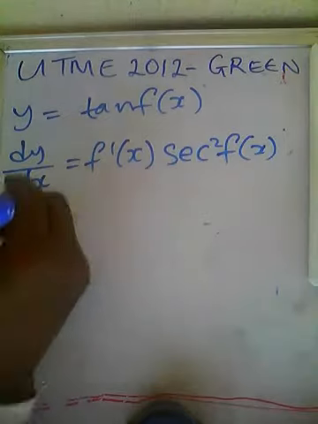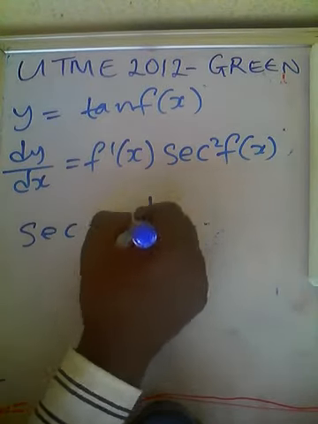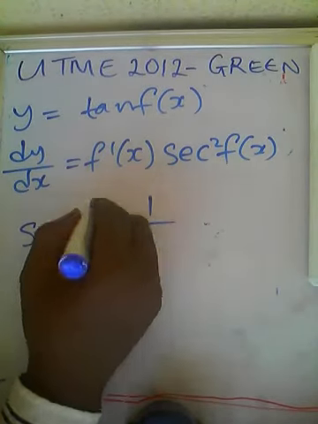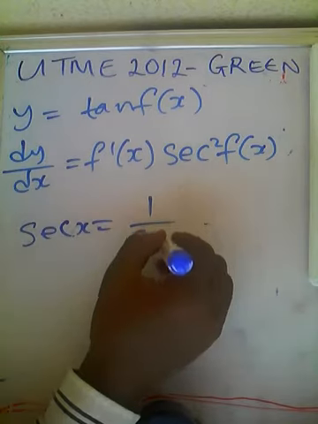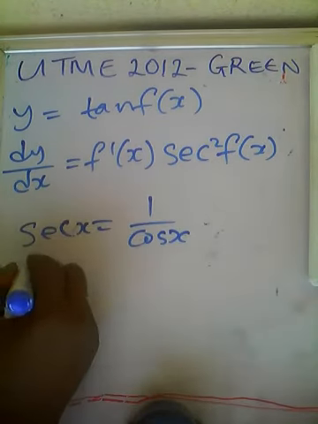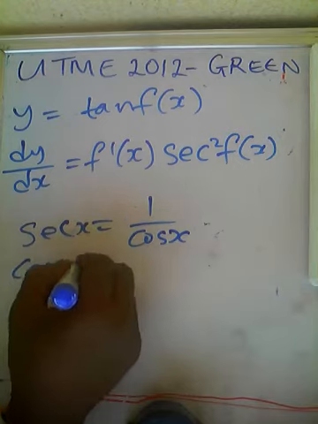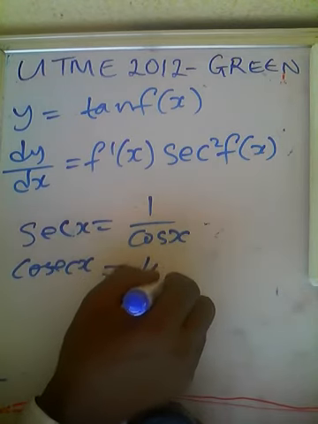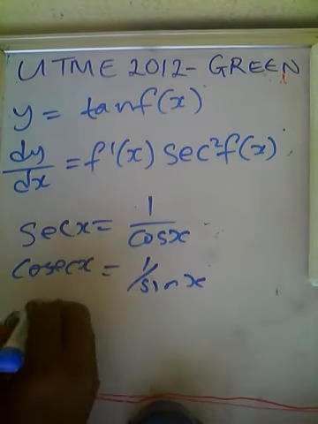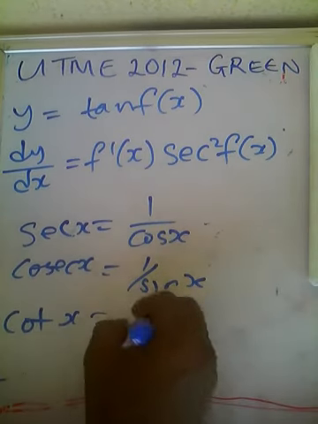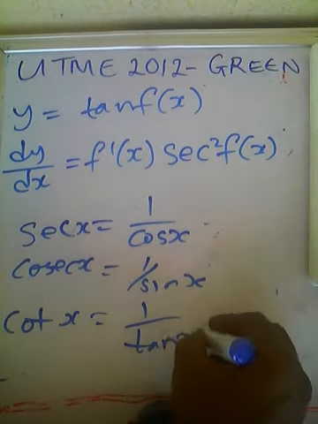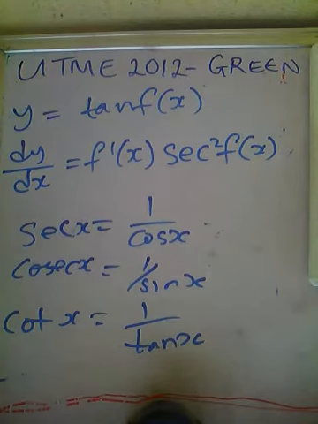Remember, sec simply means 1 over cos. Sec x means 1 over cos x. And cosec x means what? 1 over sine x. Then when you see cot x, what does that stand for? 1 over tan x. So those are the simple relationships that you need to know about trig functions and trig ratios.